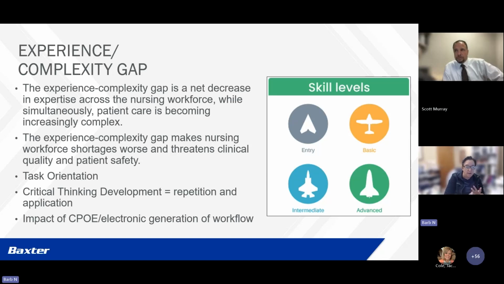We lost many seasoned nurses before COVID and during COVID. We have marvelous new young people coming into the profession, but they are not getting the repetitions and the application of critical thinking, which tends to create task-oriented thinking. What we need to do is help them develop critical thinking, but that takes repetition and application.